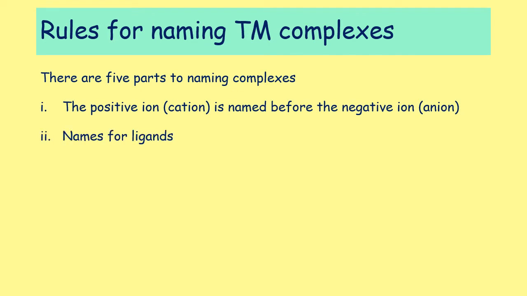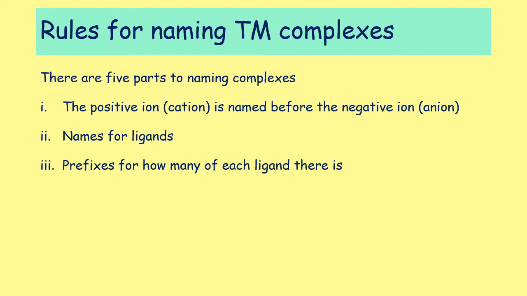The second rule is related to naming the ligands. Each ligand gets a slightly adapted name that describes it being part of a transition metal complex and not being an ion or a molecule on its own.